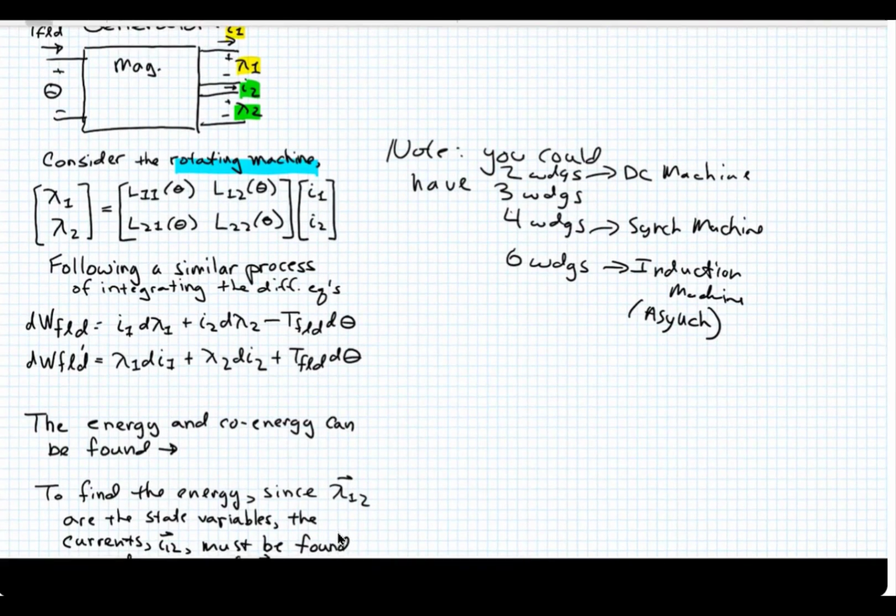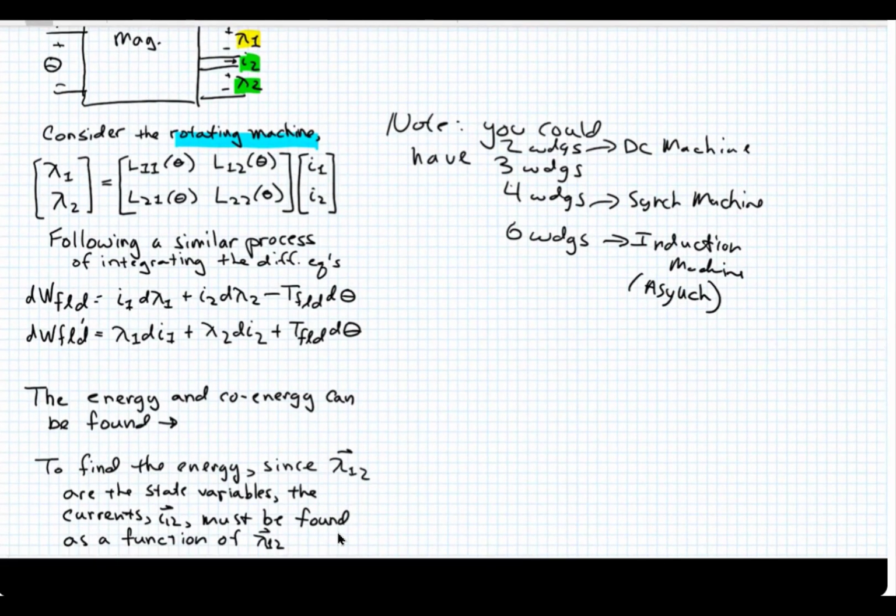So you can have more than 2 windings, but I don't want to overwhelm everybody with the math. But essentially, what this says is that winding 1 is a function of the 2 currents. If you were to multiply out this matrix, for example, lambda 1 is L11, that's a self-inductance.